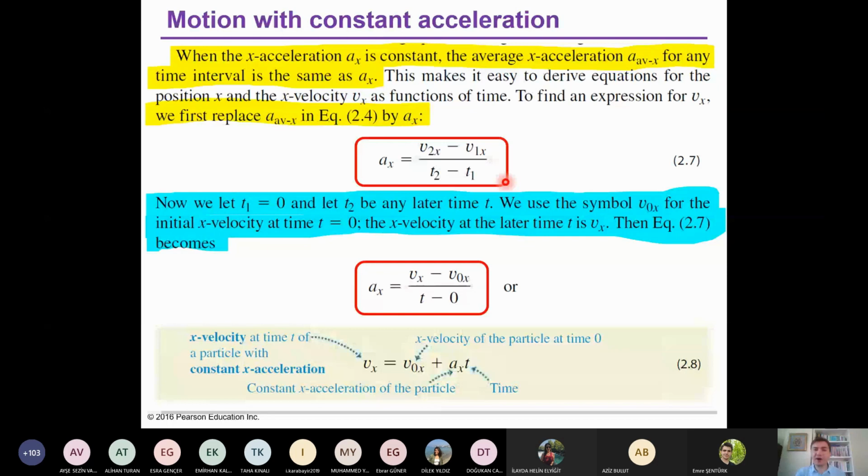And final velocity is vx, and initial velocity is v0x, velocity when the time is 0. Instead of t2, just use t here. Instead of t1, just use 0 here. So then finally you can get this expression.